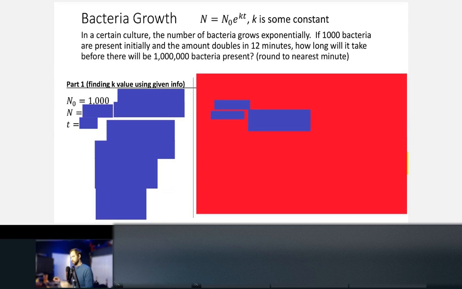Just keep that in mind. So what's the time that's given to us? 12 minutes. Okay, so we have 1,000 bacteria, and after 12 minutes, how much bacteria do we have? What does it tell us?